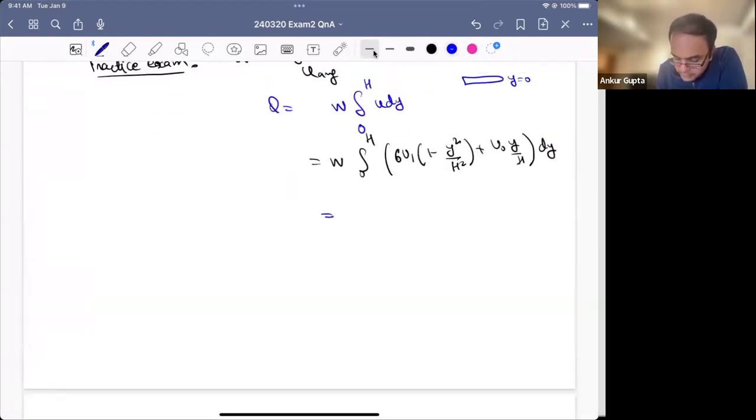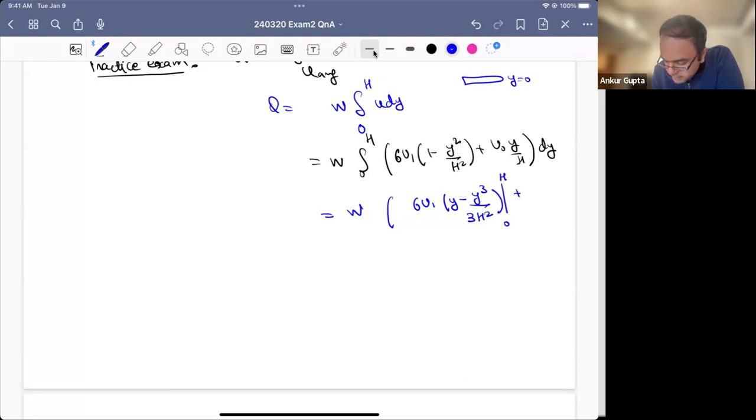So now integration, so we can think of it like this. Integration of 1 is simply y, so 6u1 y. Integration of y square is y cubed by 3, so y cubed by 3h square, going from 0 to h.